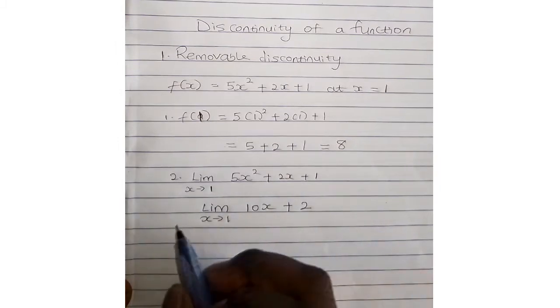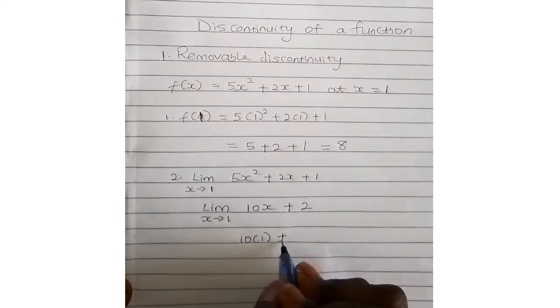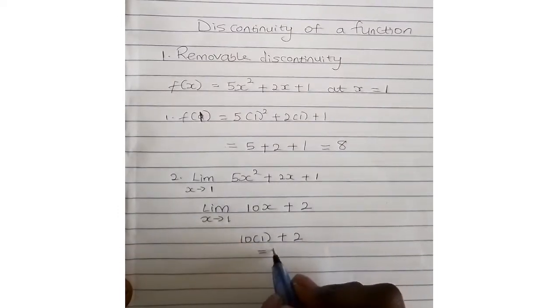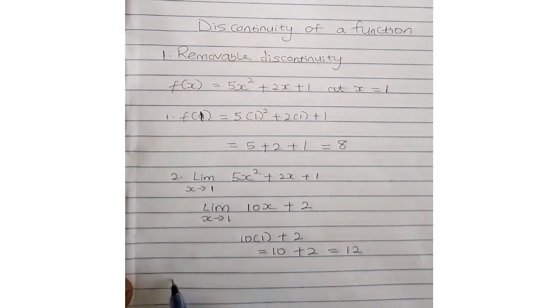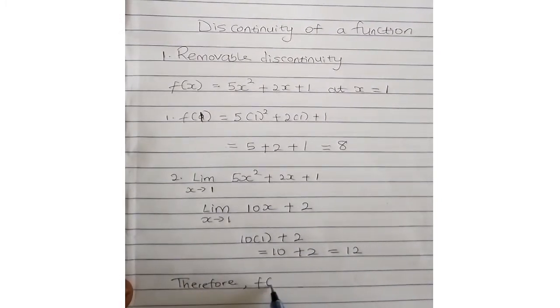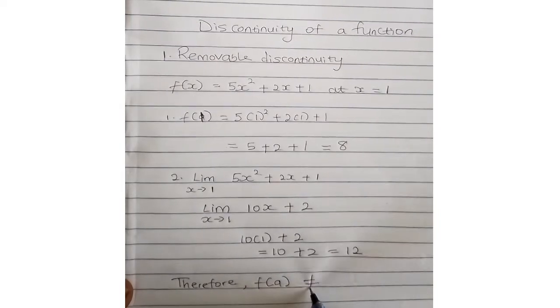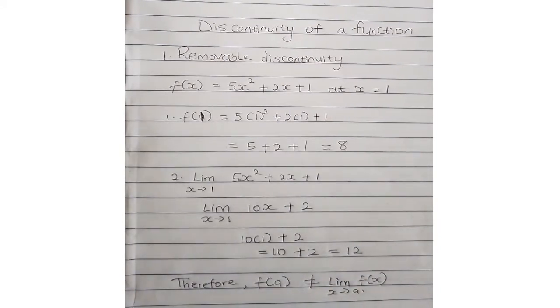So putting 1 into this equation, we are going to have 10 plus 2, which is equal to 12. So therefore, f of a is not equal to the limit of f of x as x approaches a. So this is an example of a removable discontinuity.